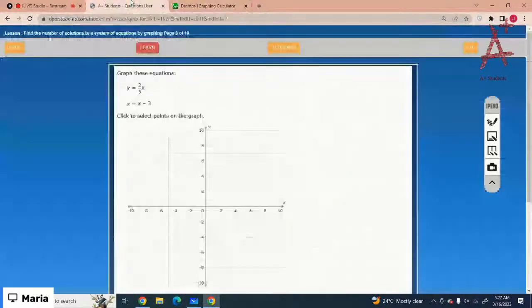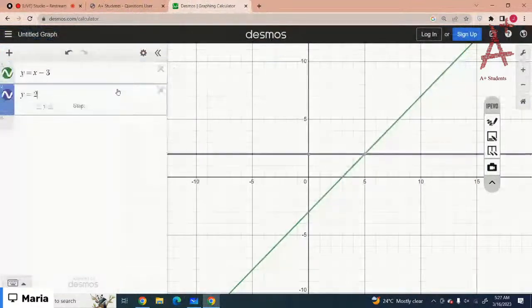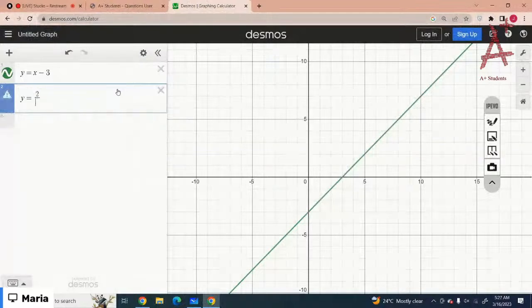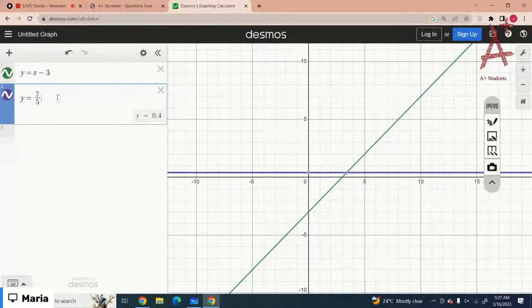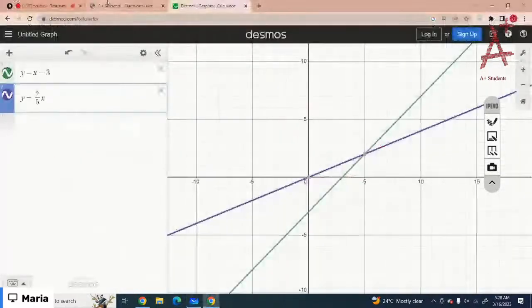And then the second one is y equals 2 by 5x. There is another line. So there is the point of intersection. They are intersecting at only one point, got it. That means the system has just one solution, got it.